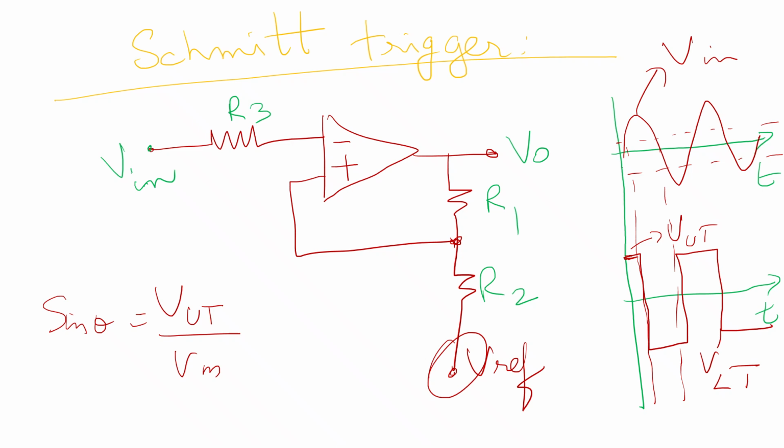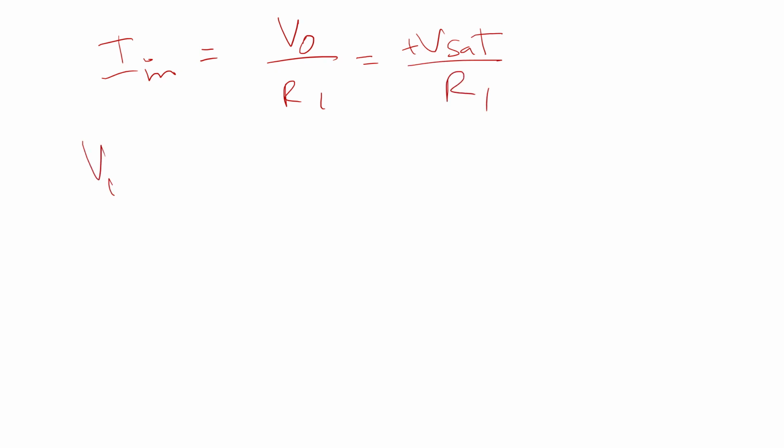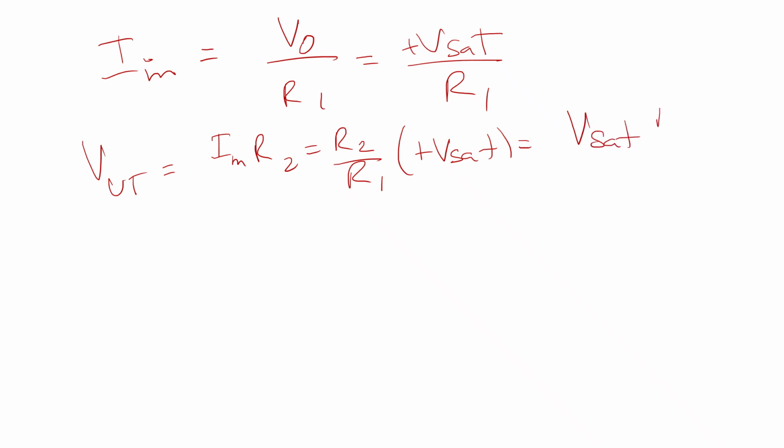The voltage at point A is equal to I into R2. The current is equal to V0 divided by R1, which is equal to plus Vsat divided by R1. The upper threshold voltage is equal to I into R2, which is equal to R2 divided by R1 into plus Vsat, which is equal to Vsat into R2 divided by R1.